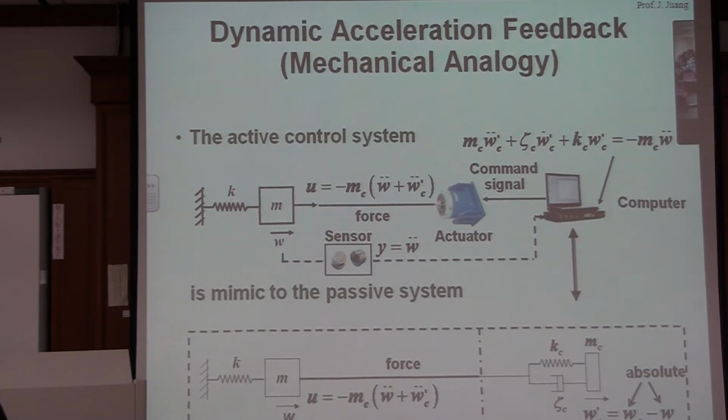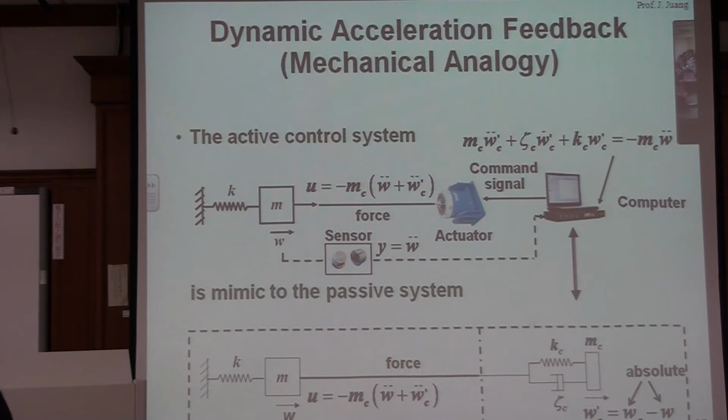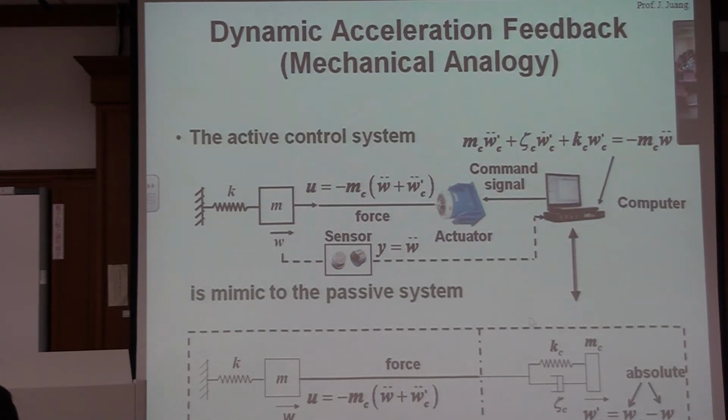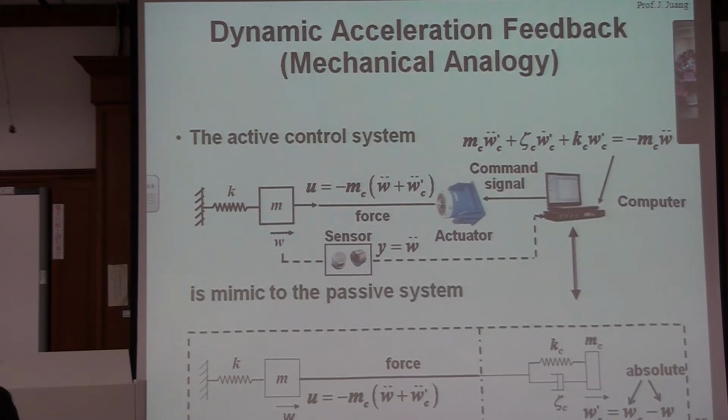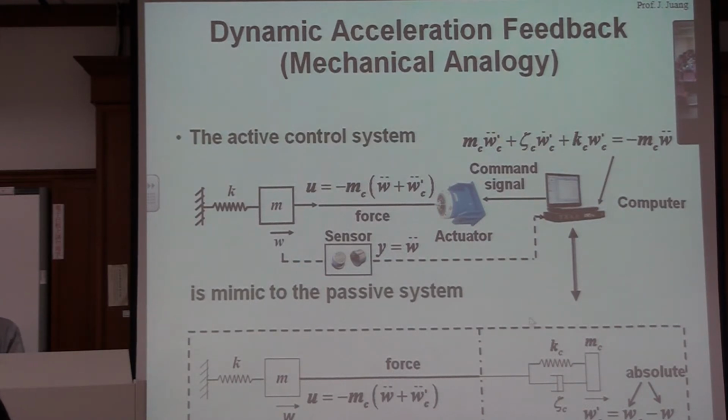And our measurement here is W double dot, then our virtual WC double dot prime. Ready? Any problem?